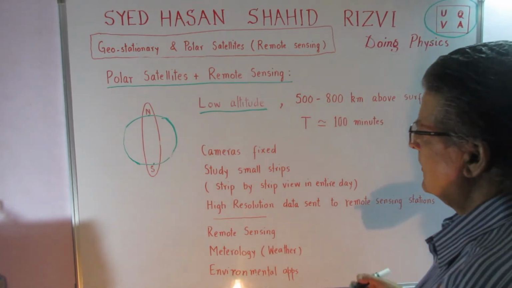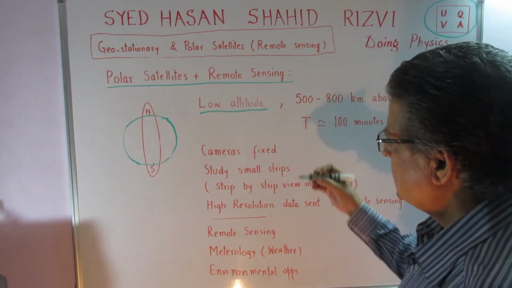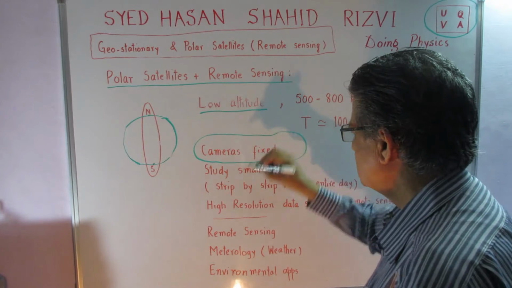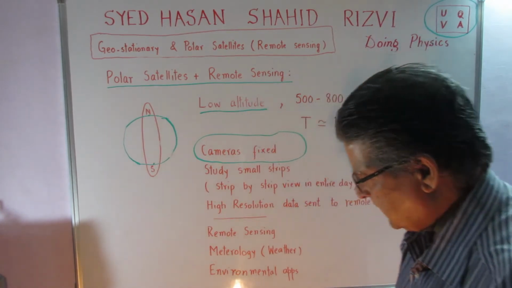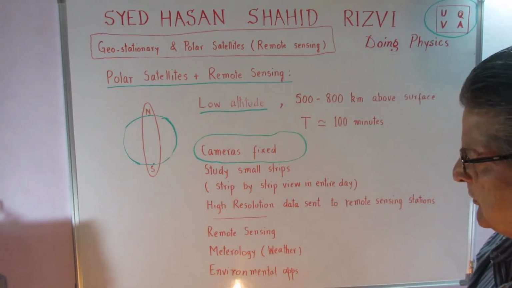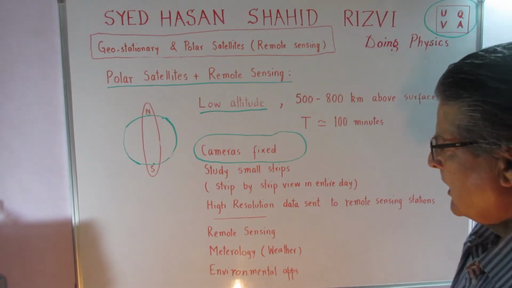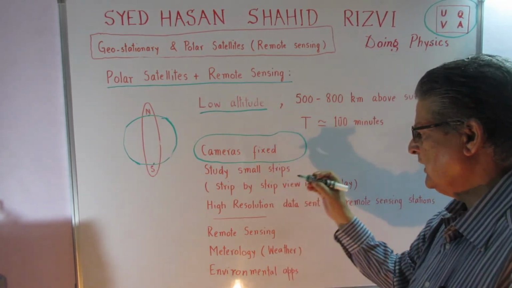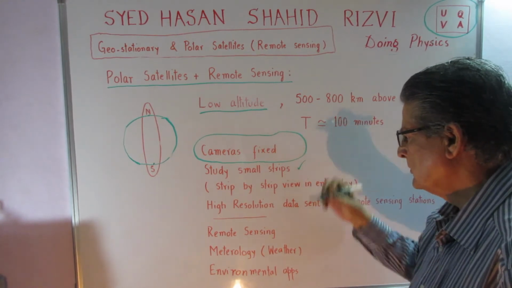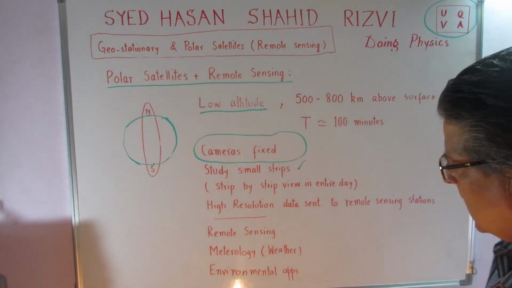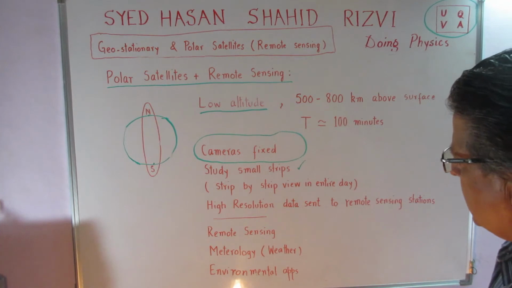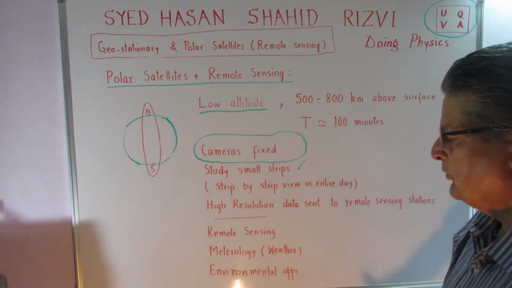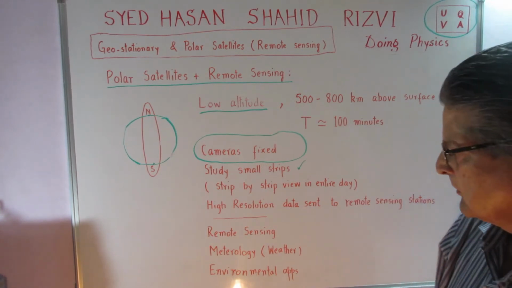Now what we can do is that we can fix cameras to deal with a certain purpose. These cameras can study small strips every time, and therefore we can have a strip by strip view for the entire day.